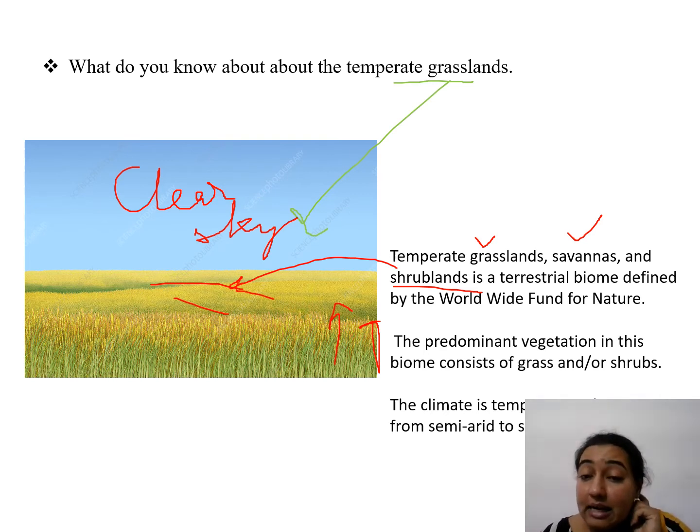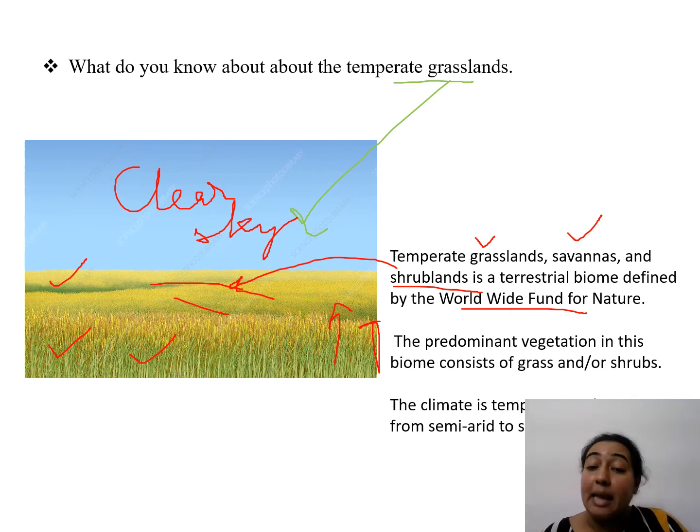It is a terrestrial biome defined by the World Wide Fund for Nature. This is an example as well as the definition given for the terrestrial biome by the WWF for Nature. The main vegetation in this biome consists of only grasses. We can see only grasses and shrubs, small vegetation.